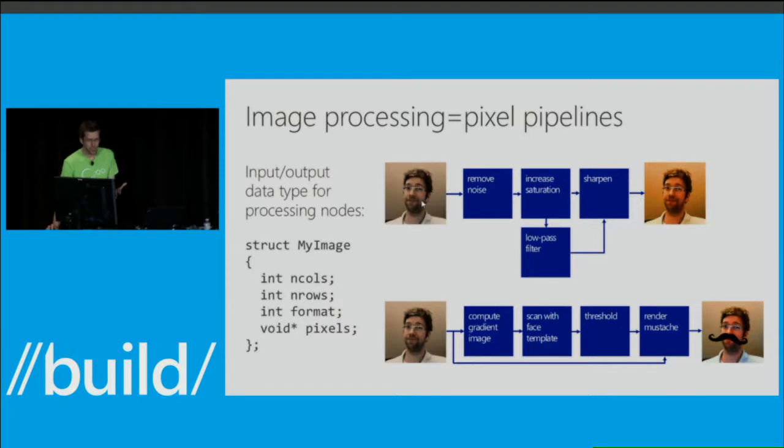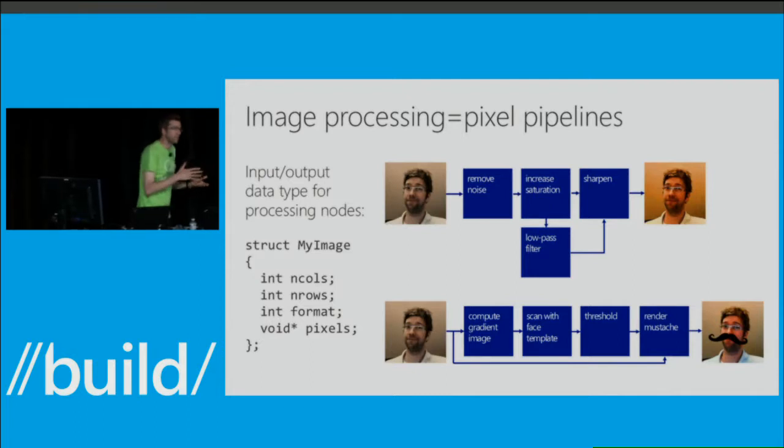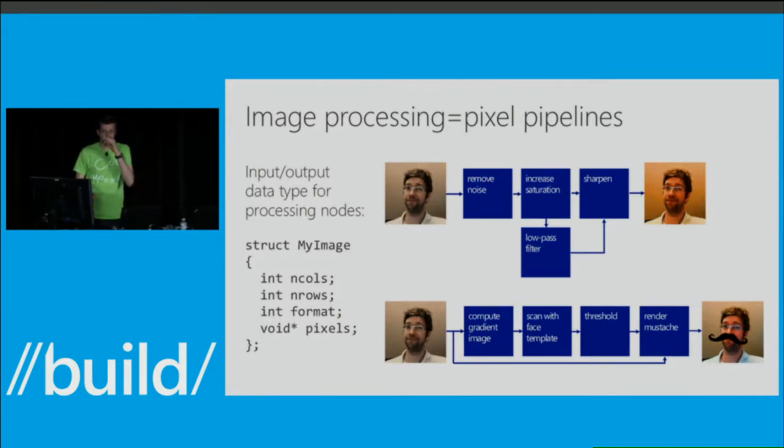You start with the input image. Then maybe you remove the noise of the image, and then at this point you have a denoised version of the image. And then maybe there's another step that increases the saturation. So now you have an image with more saturation. And then this pipeline may also branch out and come together in the end, in this example, for a sharpening operation or something like this.